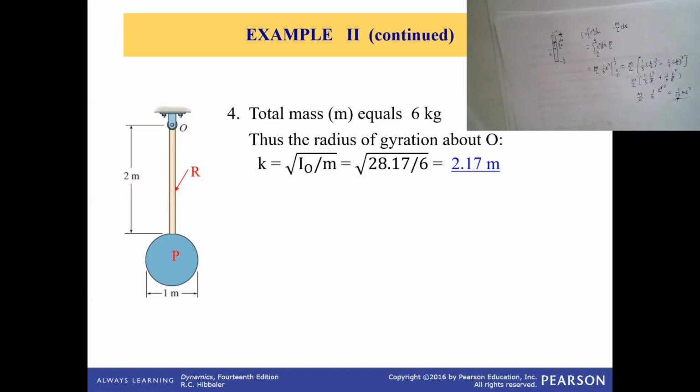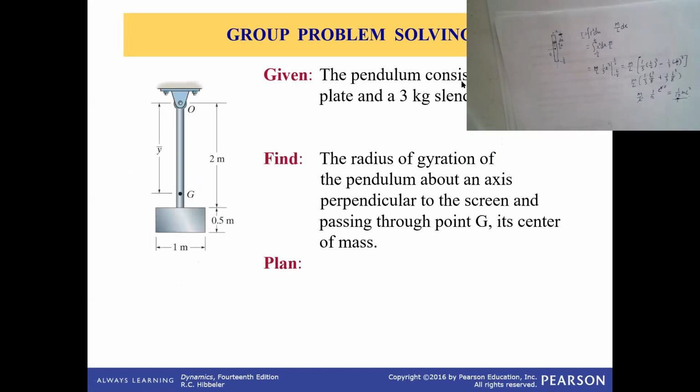Any questions you might have? If not, then we're going to look at the group problem solving. So here's another example. It's very similar to the previous example, but now you have a rod and a rectangular plate. So basically you'll follow the same procedure.